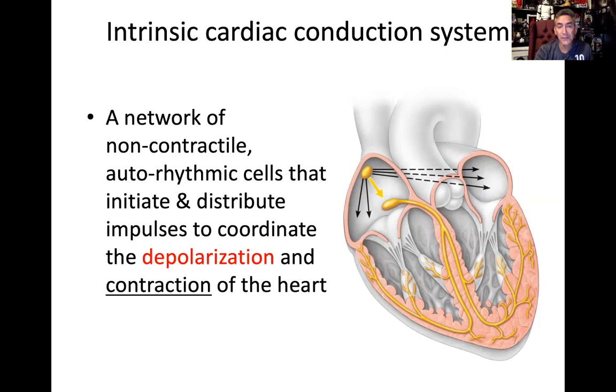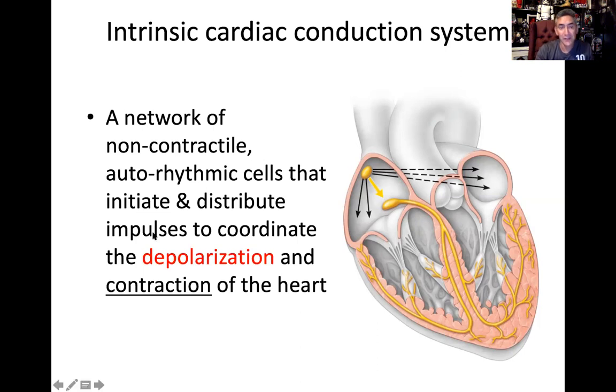So they're autorhythmic cells. They initiate and distribute impulses to coordinate the depolarization, which then leads to the contraction of the heart cells. They're not the same thing. Depolarization deals with electrical activity. Contraction deals with the shortening of the sarcomeres, but we cannot have contraction without having depolarization. So depolarization is sort of synonymous with contraction.